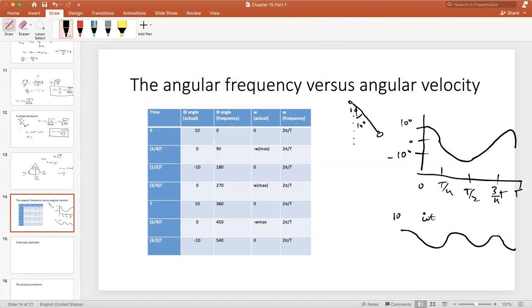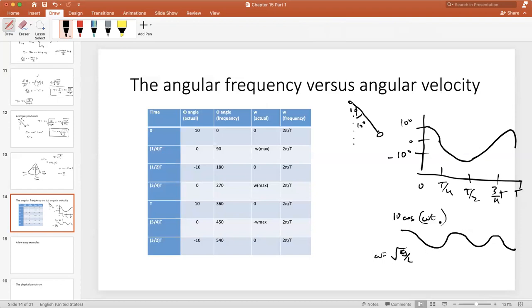right? And the omega associated with this is always just a positive square root of G over L. And that's just how fast it's changing from 10 to minus 10 back to 10, right? But it's how fast the amplitude's changing. This omega can actually go to 1,000,000 rad per second if it needs to.